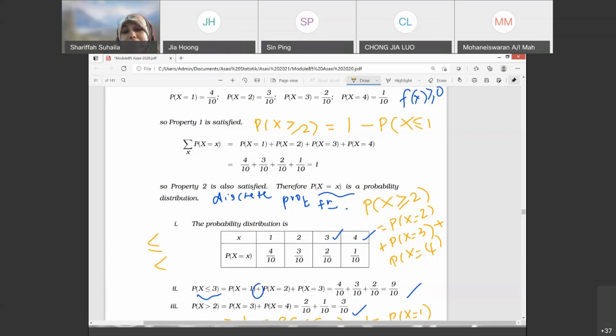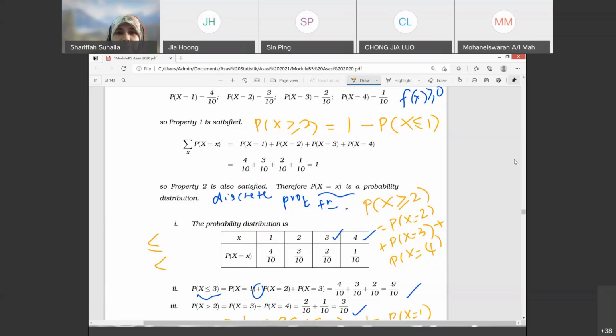But since x already starts from 1, it is just probability x equals 1. So it's the same thing. If you have x greater than or equal to 2, that includes 2, 3 and 4. So by total probability, 1 minus probability x less than or equal to 1. That is when we use the concept of total probability.